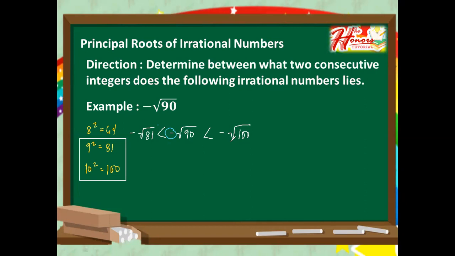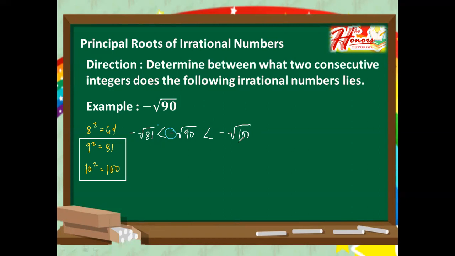So for example, we have here negative square root of 100 and negative square root of 81. Negative square root of 81 is bigger than negative square root of 100. Why? Because negative square root of 100 is not as close to zero as negative square root of 81.